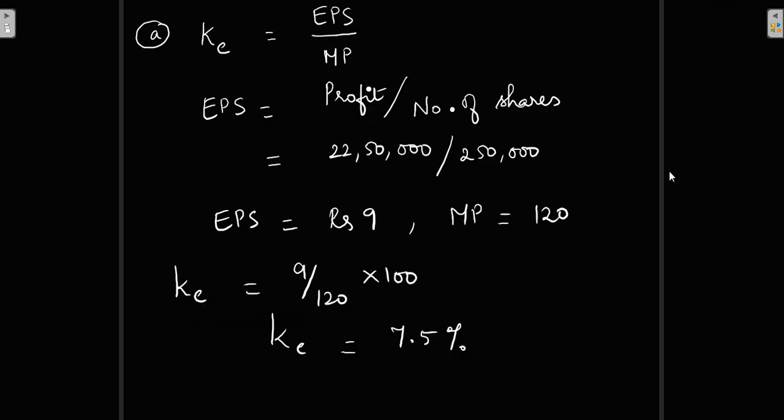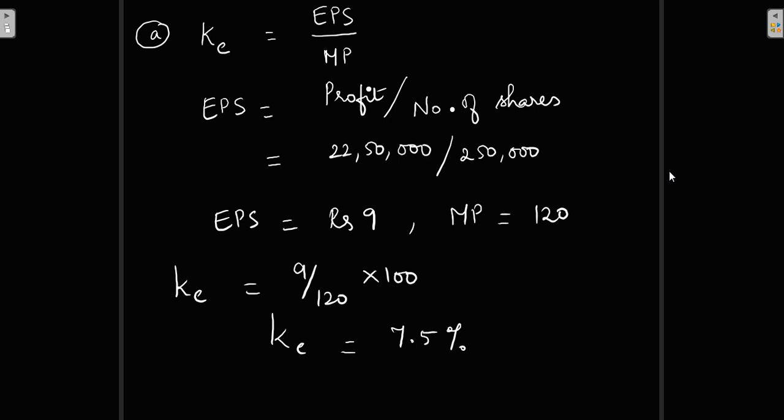First situation, we use the earnings per share divided by market price formula to find the cost of equity. To find earnings per share, we divide the profit given, profit after tax, by the number of shares. So the EPS is 9 rupees and the market price is 120. So the cost of equity is 7.5%.